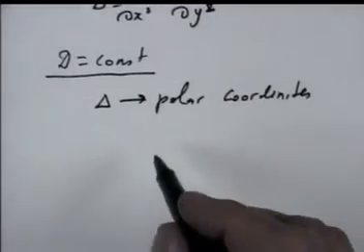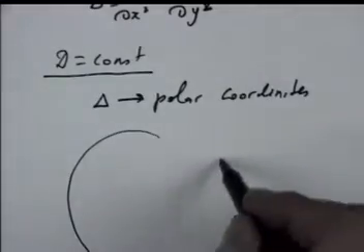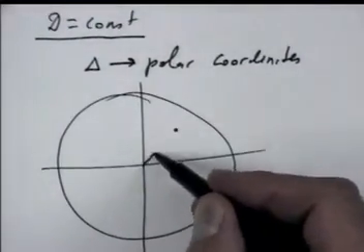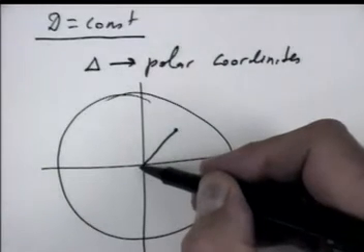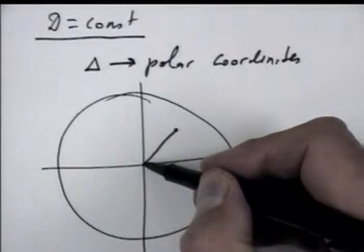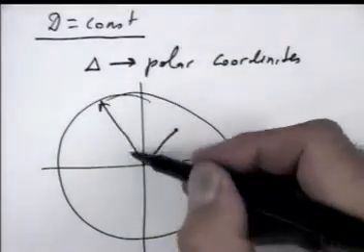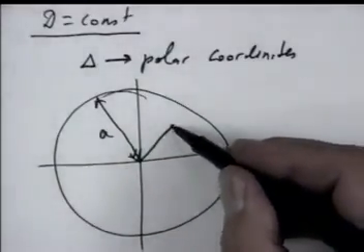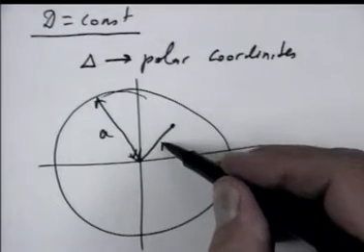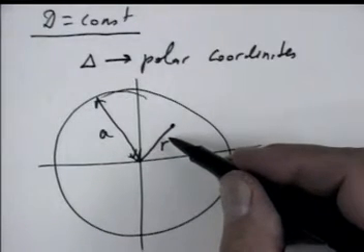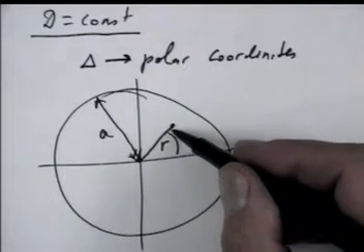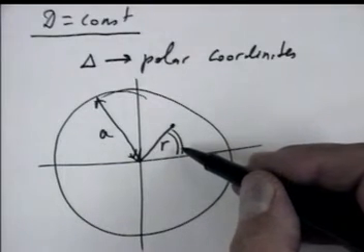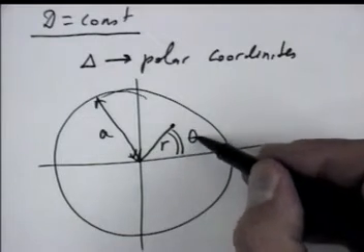Now, what is a polar coordinate system? This distance from the center is the radius. The radius is A, as Timoshenko denotes it. Now this distance is small r, and this angle is theta. He does not give this theta.